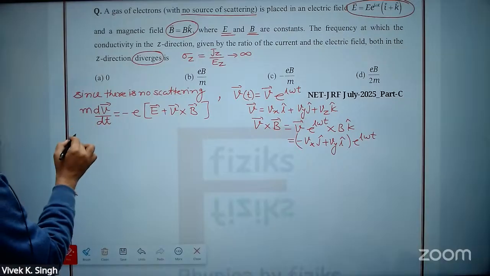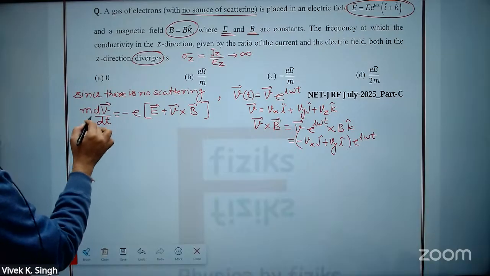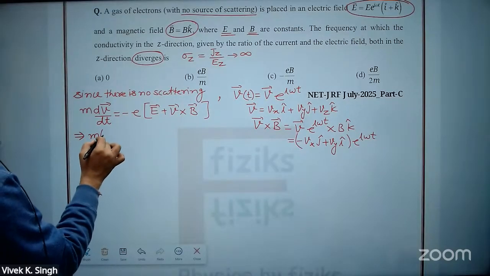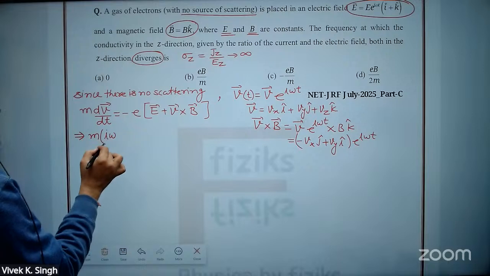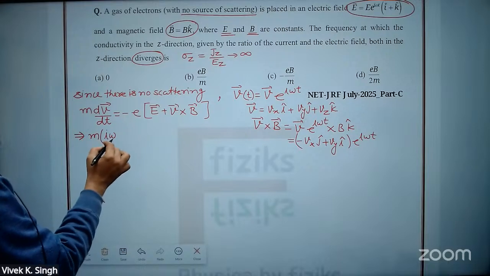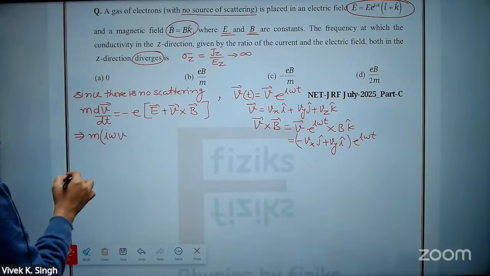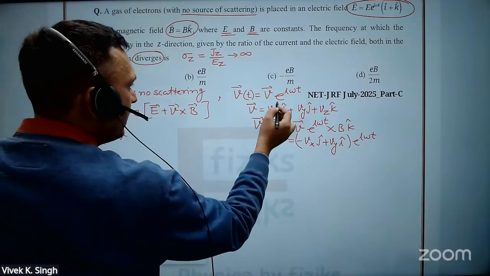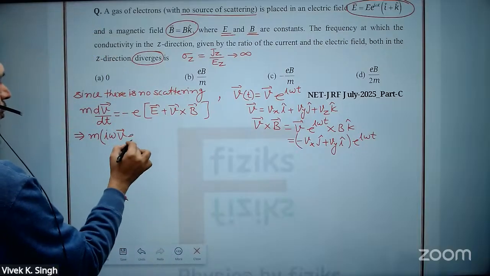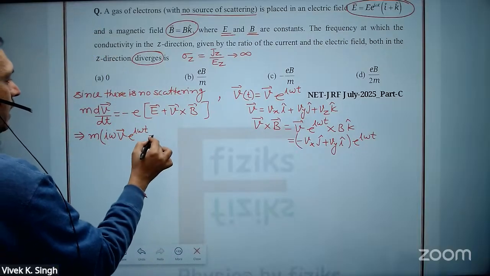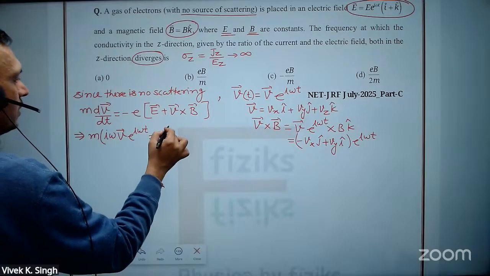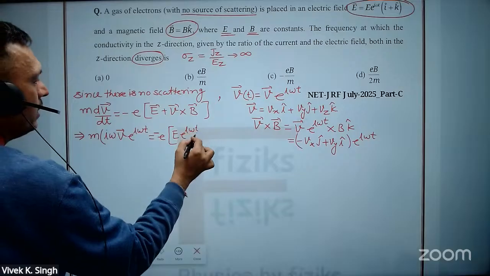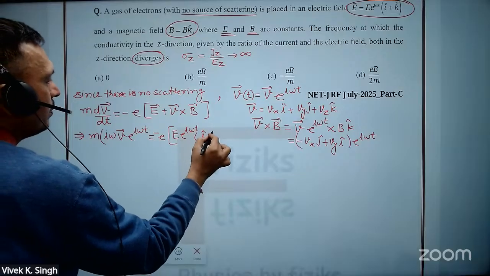So finally, this becomes m times V, which is iota omega, V is a constant here, exponential iota omega t, and that is minus E. E is given as E e iota omega t times i cap plus k cap.